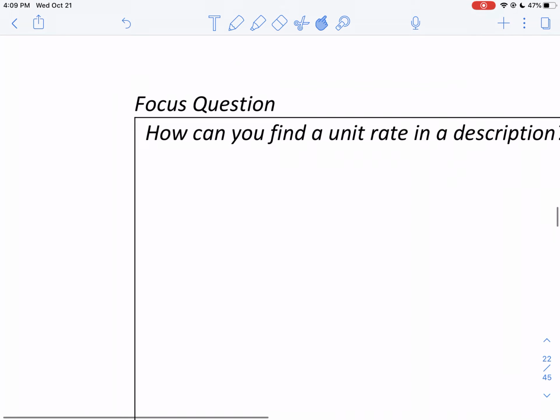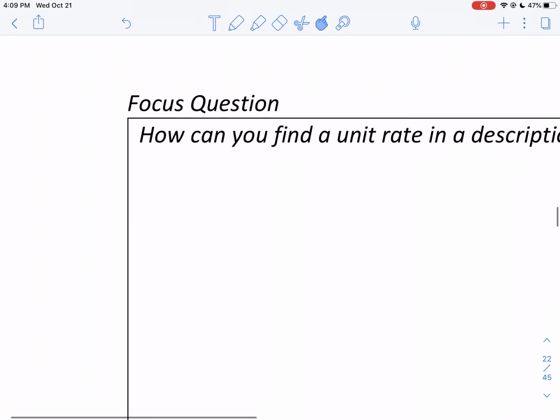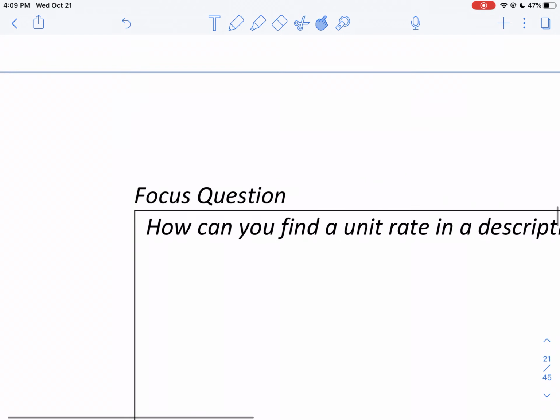We have to start by writing a rate from our given information.